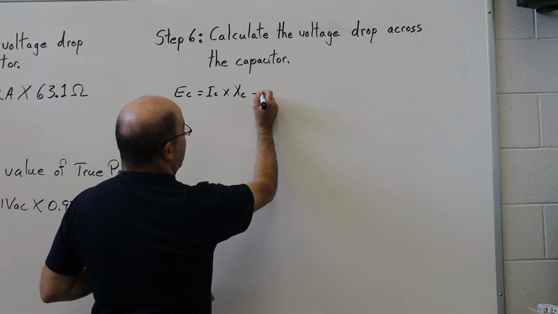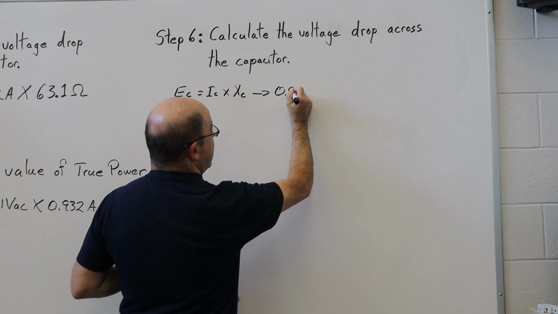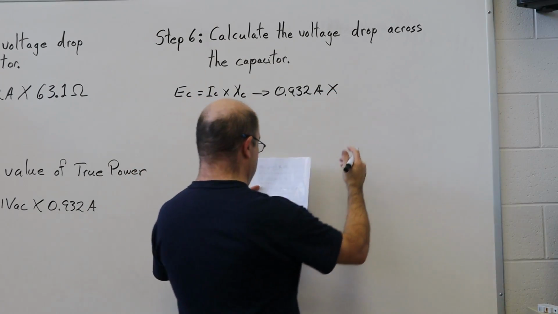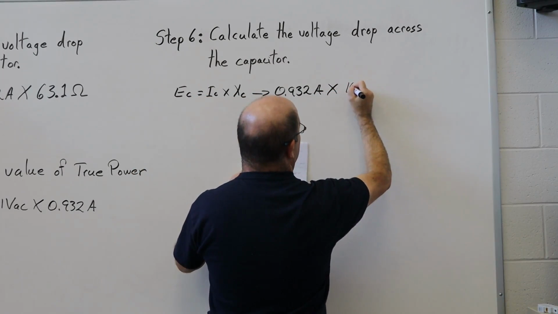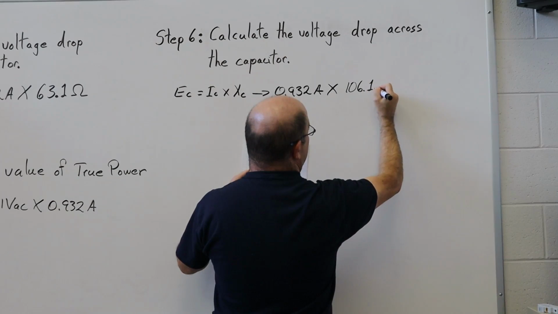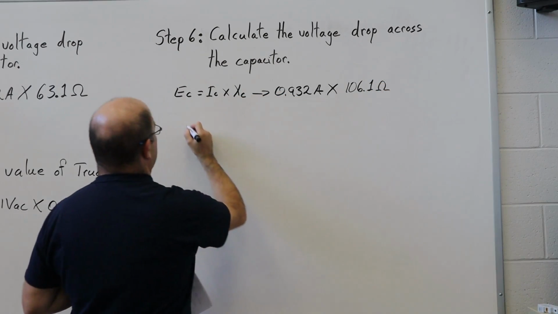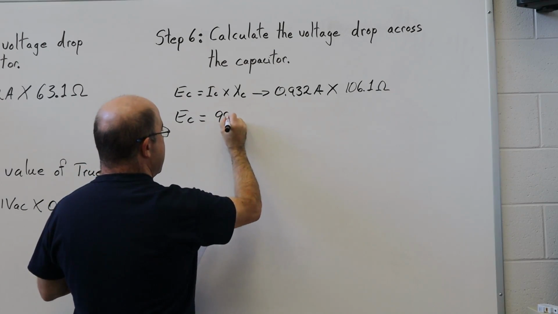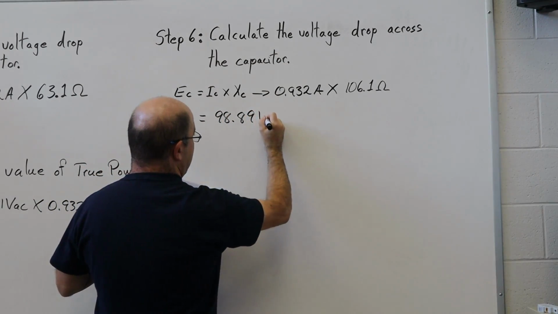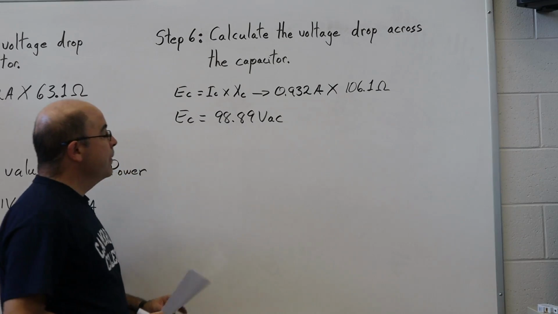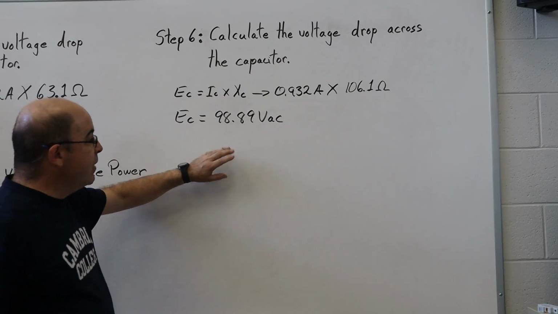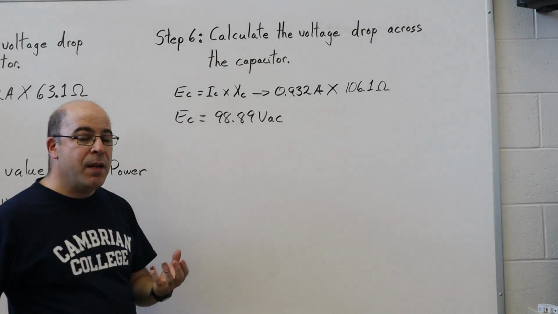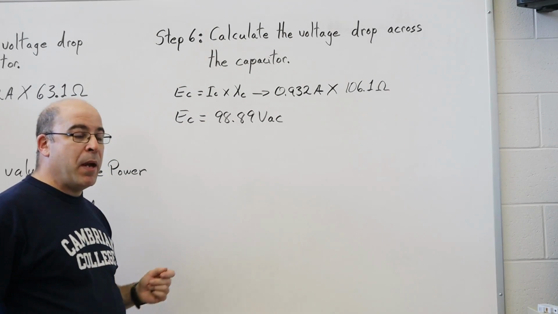The values are 0.932 amperes multiplied by 106.1 ohms, giving us 98.89 volts AC. Now that I've got a voltage drop, it's a simple matter of proceeding to step 7 and calculating the amount of reactive power a capacitor is going to generate.